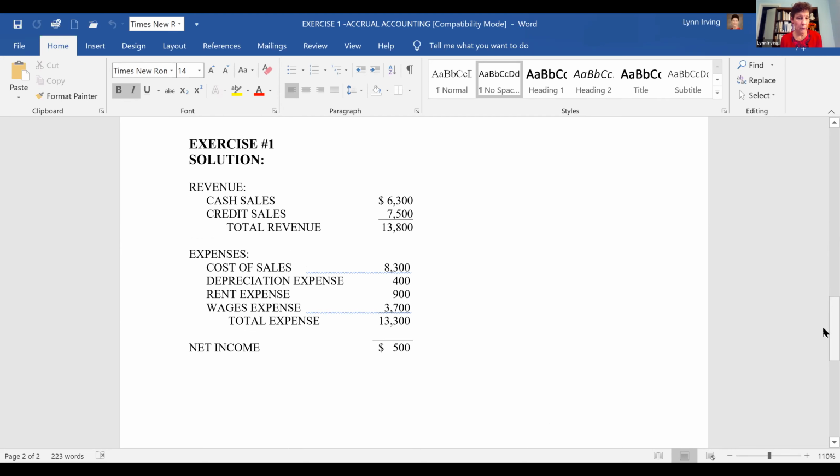And then I've got my expenses: those 2 cost of sales, depreciation, rent, and wages. So for the period under accrual accounting, I have net income of 500. Very different than how much cash came in and how much cash went out, right? That's my whole point of this, that you understand the difference between accrual and cash. So your income statement needs to be accrual and not cash.